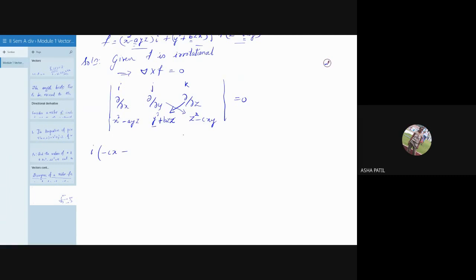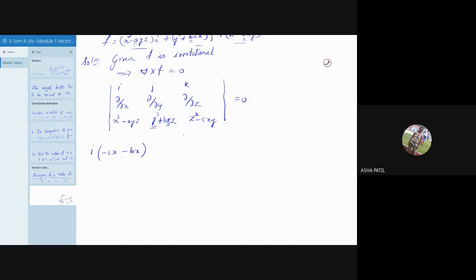Y square again does not have any z term, derivative becomes 0. Then the next we have bx constant, derivative of z will be 1. This is bzx here. Bx is kept constant, derivative of z with respect to z, it will be 1.